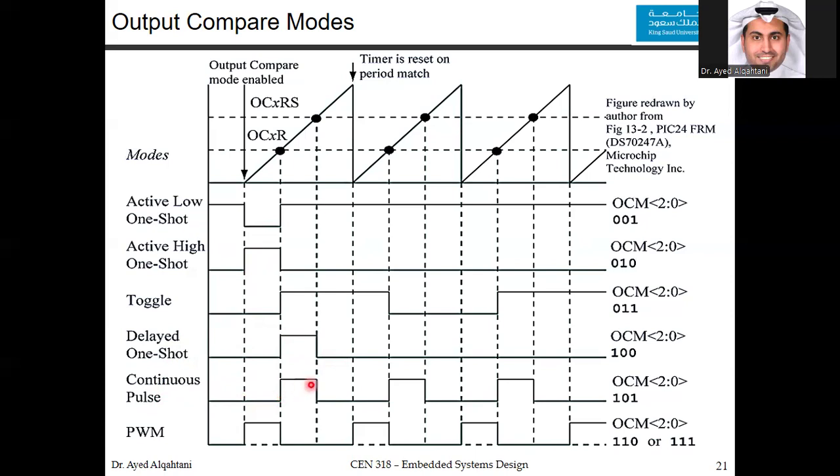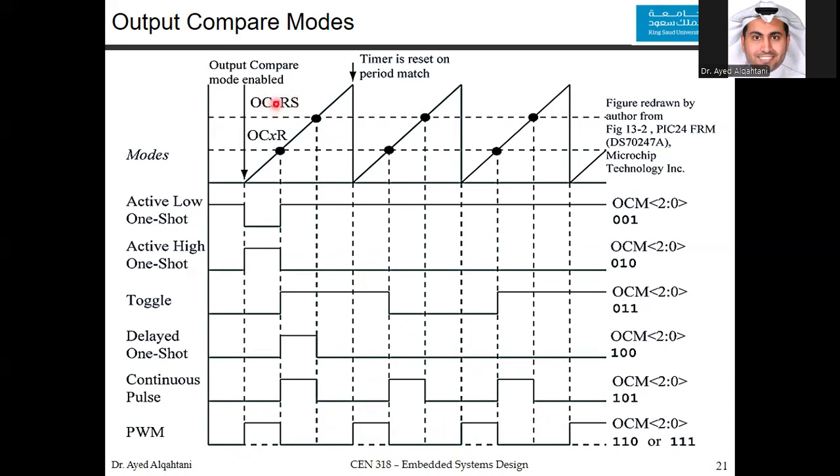It starts with OCR, finishes with OCRS, again OCR, OCRS, and so on. For the pulse width modulation, it can begin and end based on your choice. Also, it doesn't have to be the exact same pulse periodically. It depends on the value of the OCRS, actually.